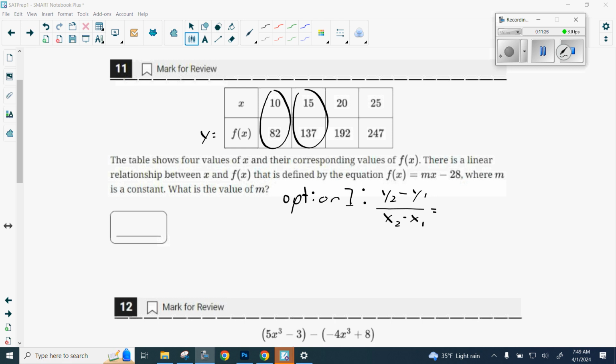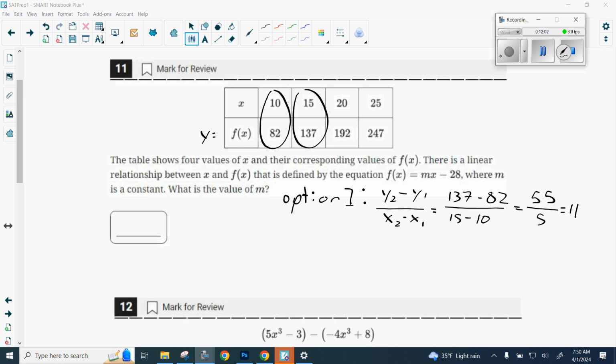So y2 then is 137 minus y1, which is 82, and then divided by 15 minus 10. Okay, so that's one way.